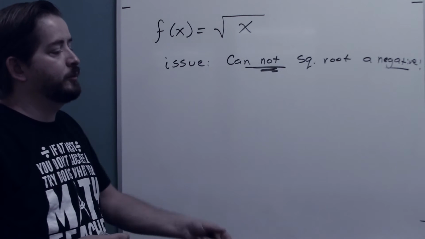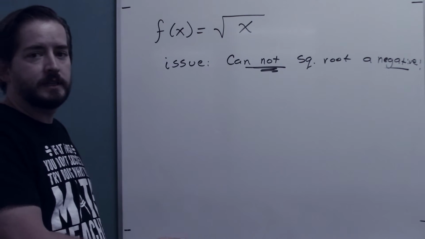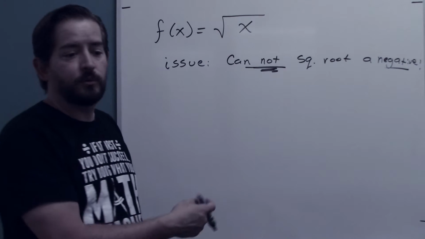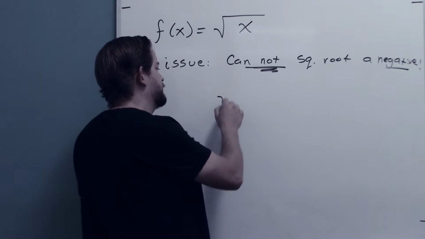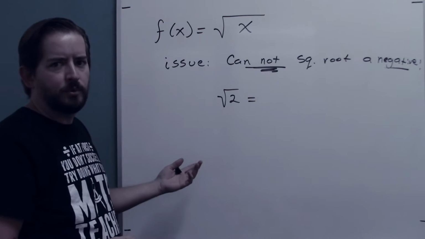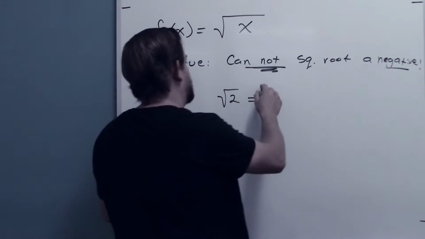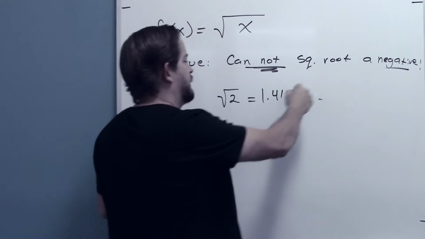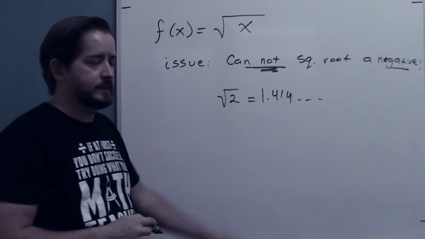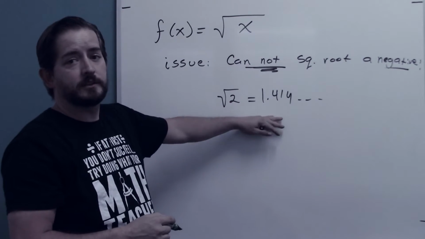I can square root all the positive numbers, right? Square root of 4 is 2, the square root of 9 is 3. Those are the nice ones. The square root of 1 is 1. But even the square root of, say, 2 has a valid number, like 1.414. Throw it into a calculator, you'll get something. It may not be nice, but there is a square root.